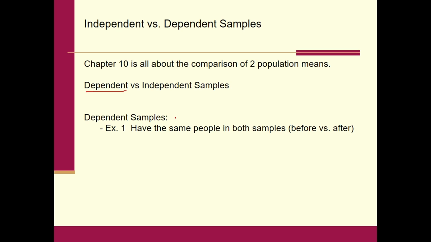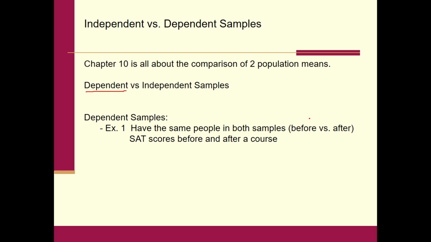So here's example 1. You have exactly the same people in both samples, and thus you have exactly the same people in both populations. So you have this before versus after situation. Let me give you an example. You have the SAT scores before and after taking a course.